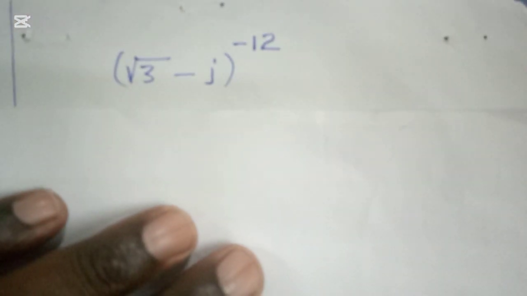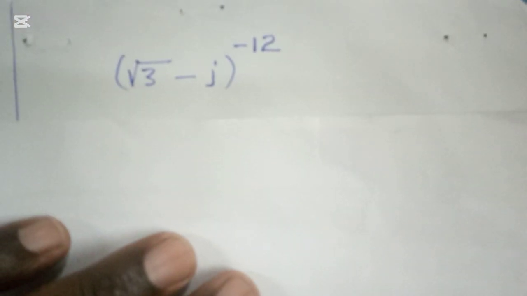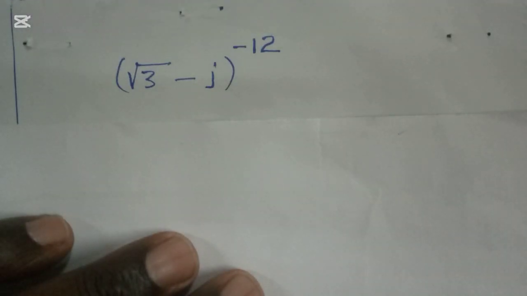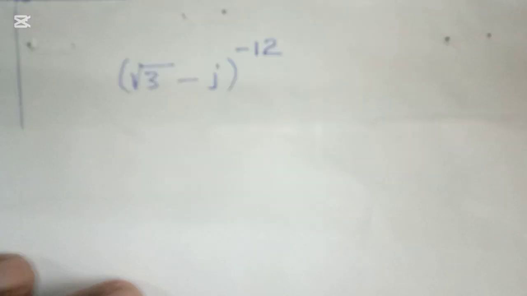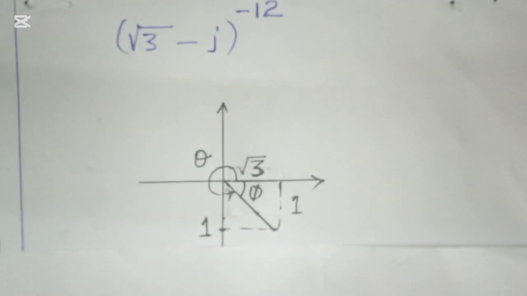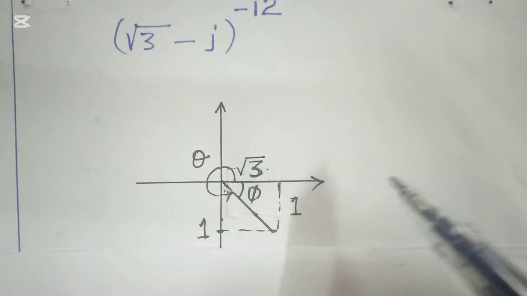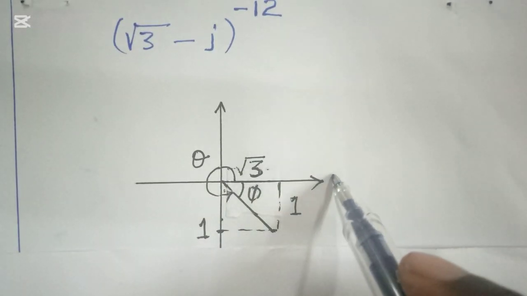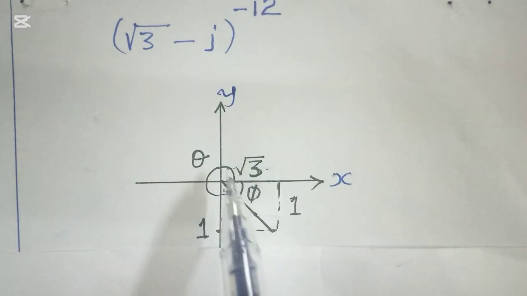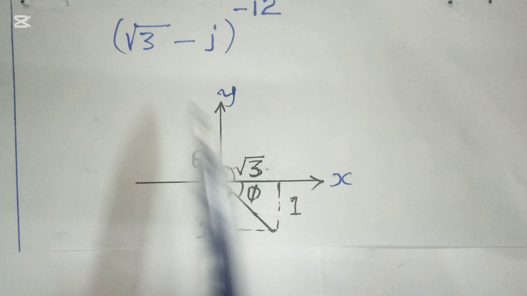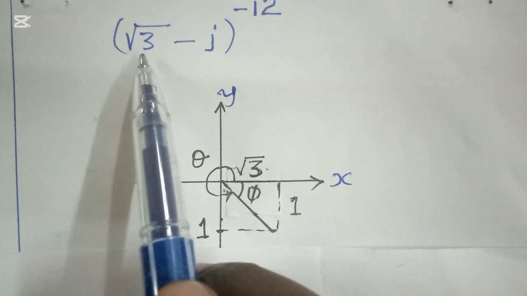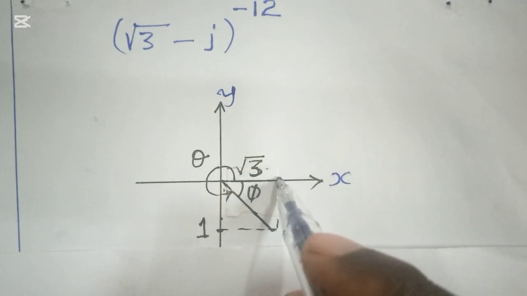Guys, the first thing we are going to do is to draw what we call an Argand diagram. I believe we have done complex numbers, you have come across the Argand diagram, and this is now the diagram we are drawing. We are going to plot this on XY axis, whereby for the real part, we plot that on the x-axis, and because it's positive, it shall be up to there.